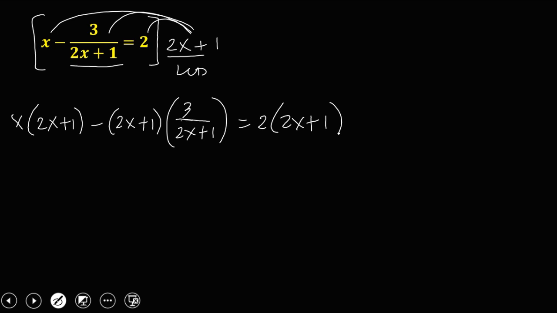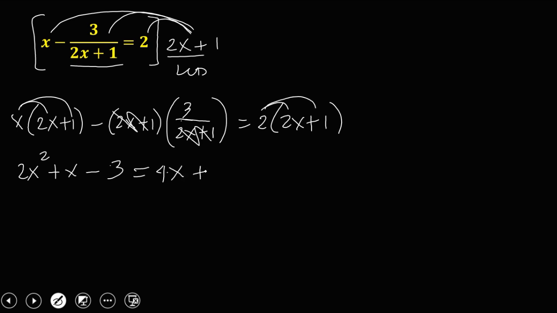Then simplify, so we have 2x squared plus x, then minus, we can cancel 2x plus 1, so minus 3, then equals 4x plus 2.